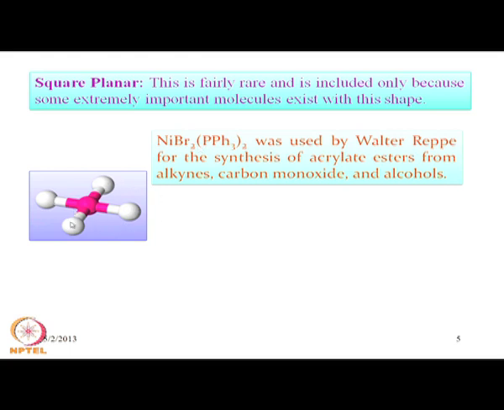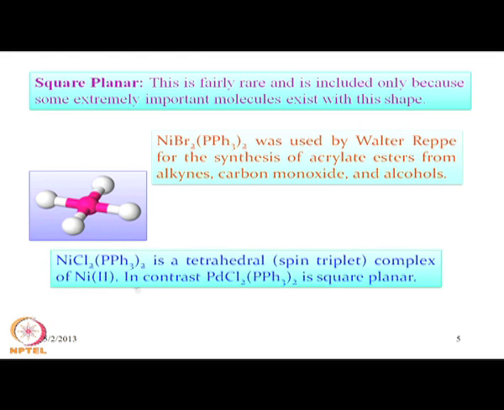In square planar geometry we have the metal center and 4 groups attaching at 4 positions in a square plane. So, if it is tetracyanonickelate compared to tetracarbonyl nickel, it is square planar and all the nickel carbon bonds attaching to the nickel CN groups are in a particular plane.